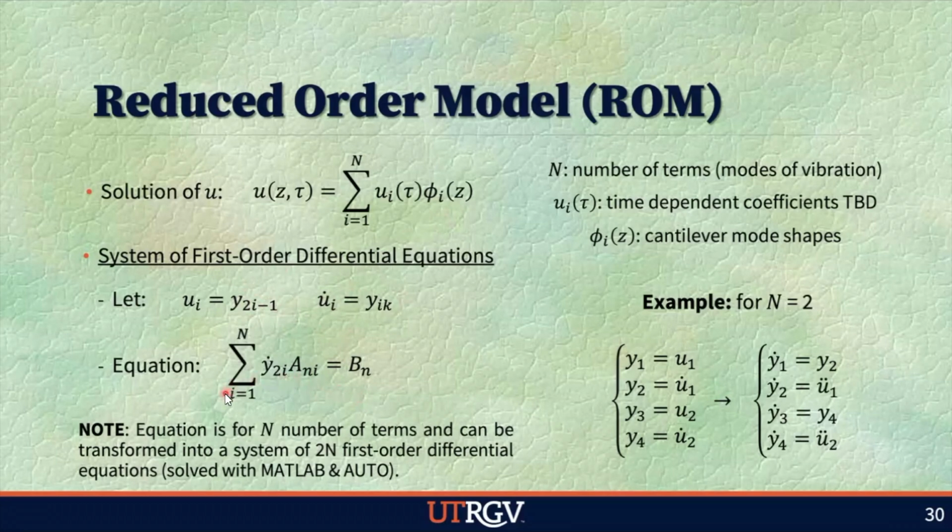This equation is for n number of terms and is transformed into a system of 2n first-order differential equations, which are then solved through MATLAB to predict time responses, and also through Auto, which is a continuation and bifurcation software for ODEs.